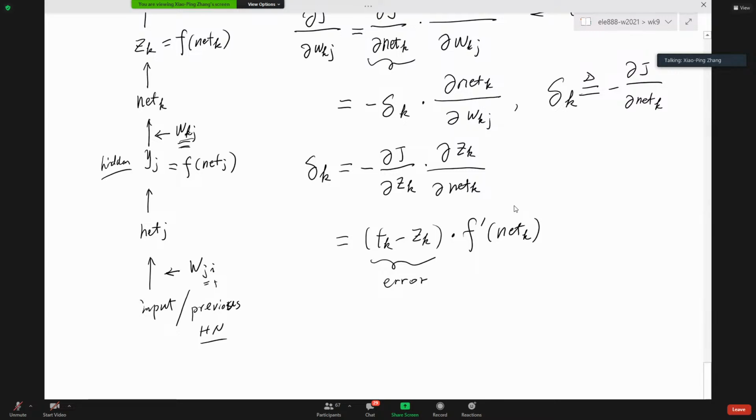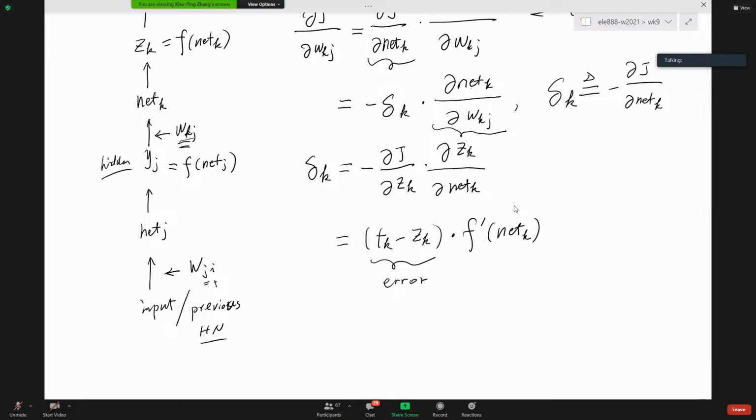Okay, now we need to compute this, right? What's the relationship between partial net k and wkj? If you look at our formula in terms of relationship, net k is equal to the linear combination of all yj.